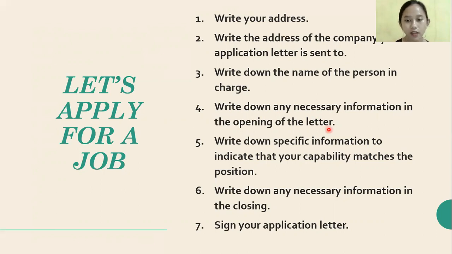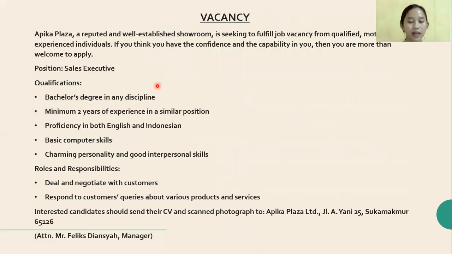And you can write specific information to indicate that your capability matches the position. And write any necessary information in the closing, and then sign your application letter. So we have learned about the generic structure of the application letter, right? So I want you to apply for this position at Apika Plaza.